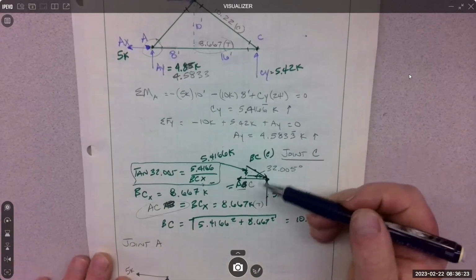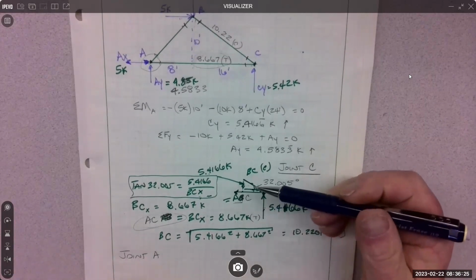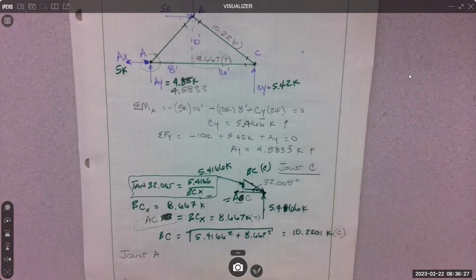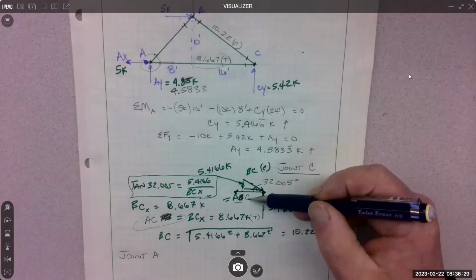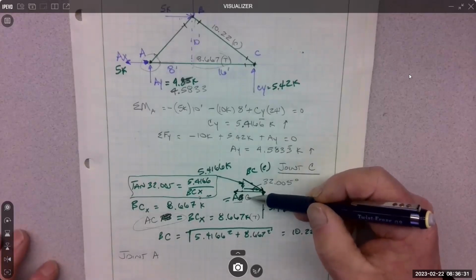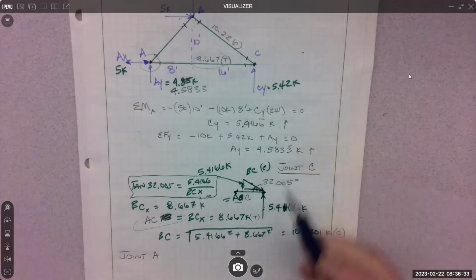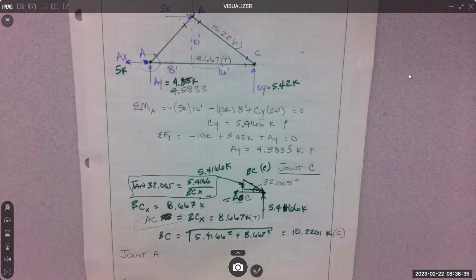So when I draw AC in, this bottom one that we already calculated, AC points away from the joint. So it must point away from the joint here.